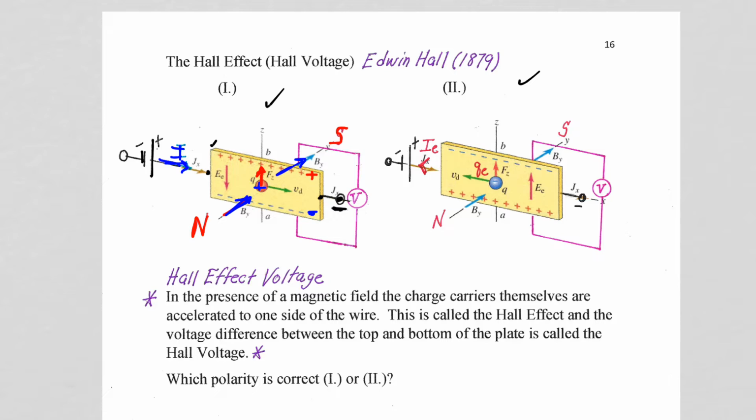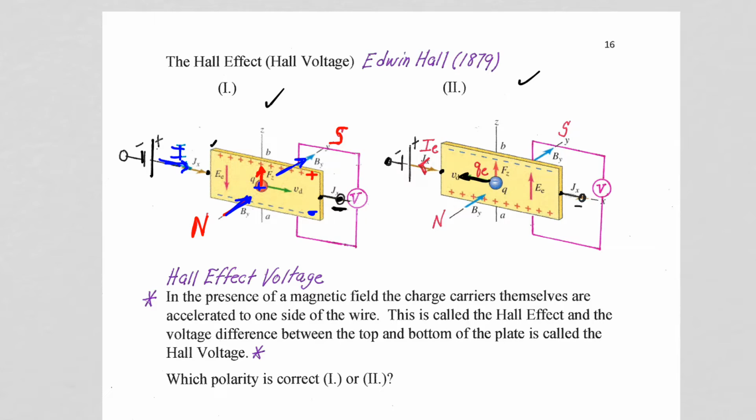Well, let's consider the electron flow, because when we have a battery connected to the plate, the actual flow of electrons, we know, is backwards against the conventional current. So now we have QV to the left.